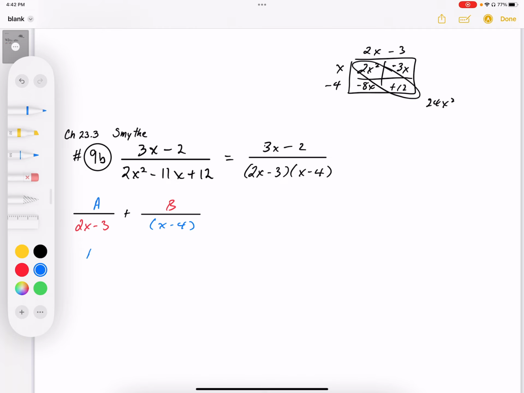Okay, and then when we multiply this out, we get Ax minus 4A plus 2Bx minus 3B, and that's going to be equal to our numerator, 3x minus 2.